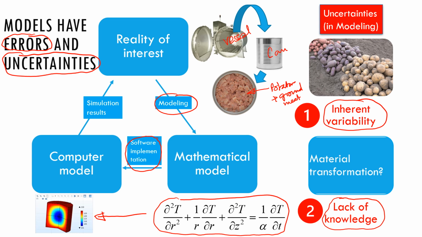So this lack of knowledge also leads to uncertainty in a very real way. So we need to be concerned with reducing these errors and estimating the uncertainties, so the model is an accurate representation of reality.